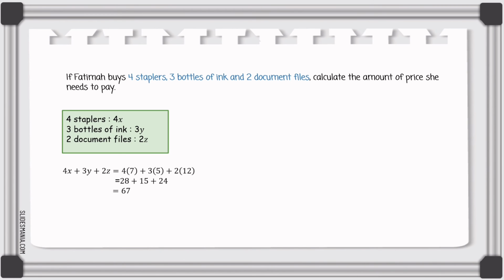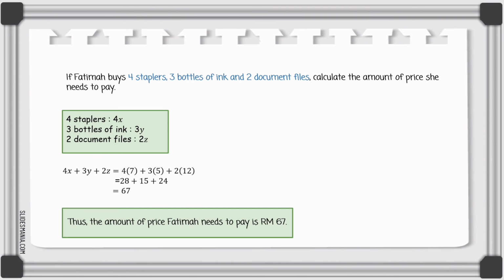The equation is 4x plus 3y plus 2z. Substitute the values of x, y, and z into this equation, and we will get the amount Fatima needs to pay, which is 67. Thus, Fatima needs to pay 67 ringgit if she buys 4 staplers, 3 bottles of ink, and 2 document files.